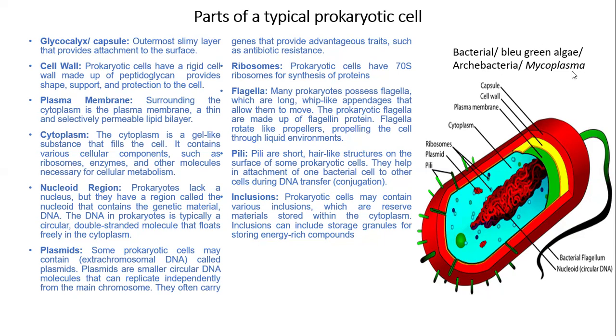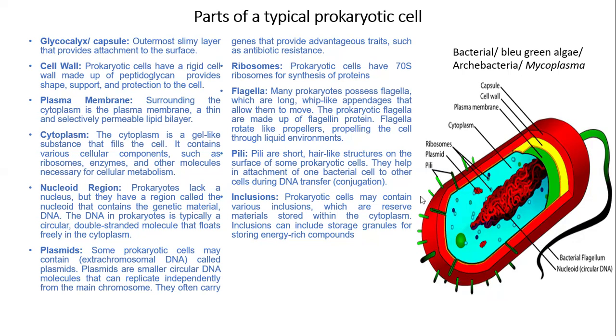So all these organisms, unicellular or maybe multicellular, consist of prokaryotic cells. Hence, bacteria represent a typical prokaryotic cell. Let's know about its structure.